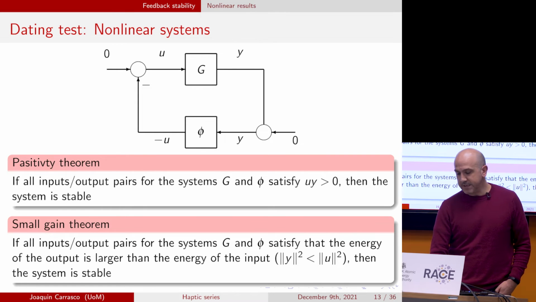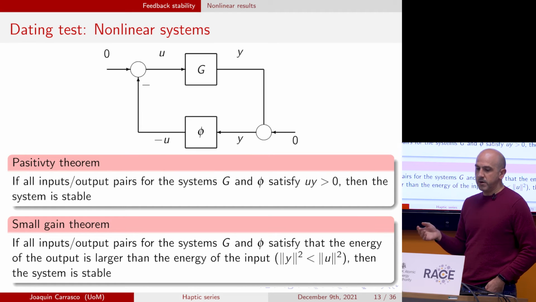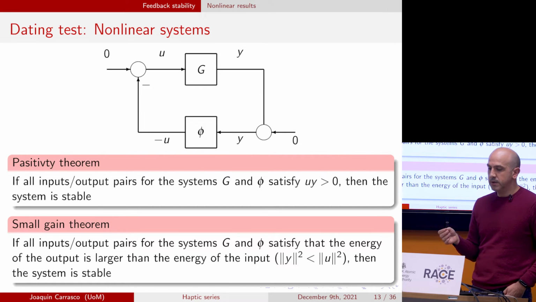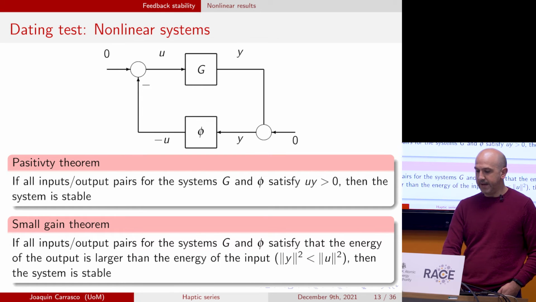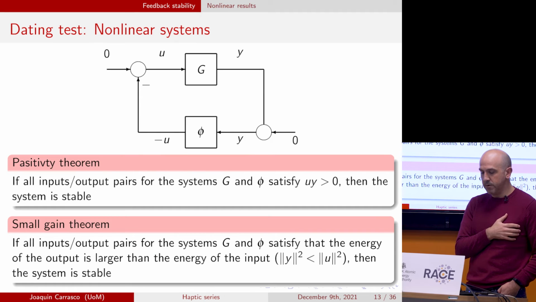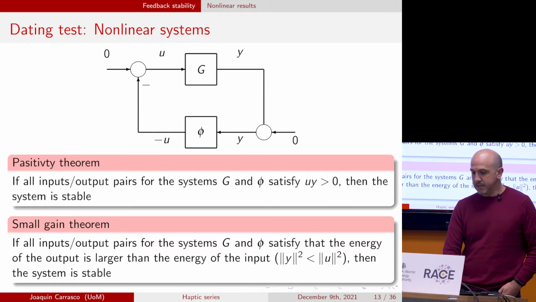But if you have the same property in phi, or if you know that the gain of phi is equal to 0.5, for example, because then the product of the gains will be 0.5, we will have stable behavior, then it is impossible that this is true, because you will have kind of the opposite condition.